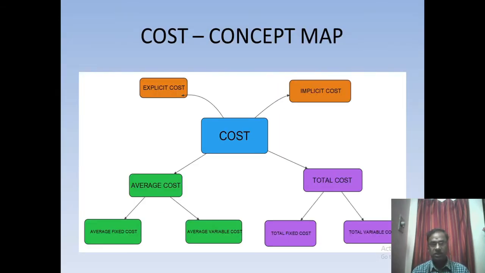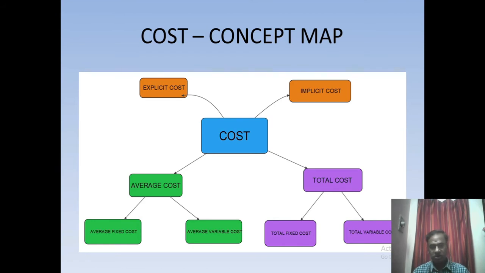You just see in this concept map, cost. Cost is equal to explicit cost and implicit cost. The sum of explicit cost and implicit cost is the total cost. And here, these cost types, it is short-run cost, we will discuss later.